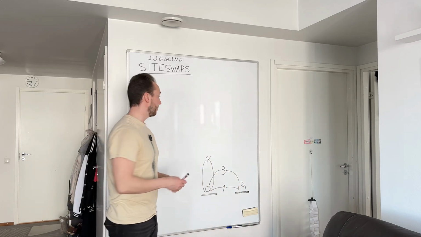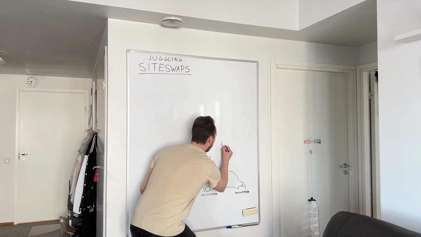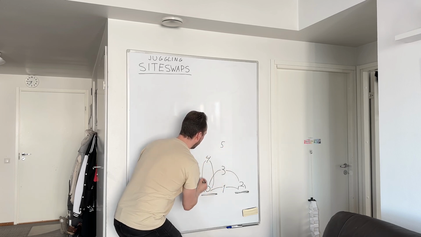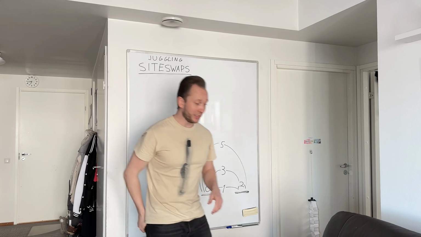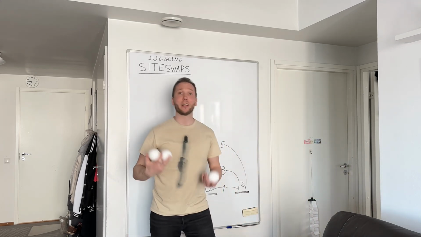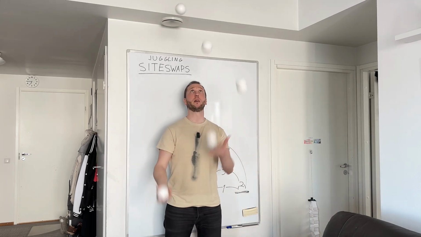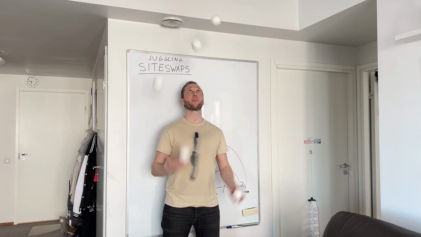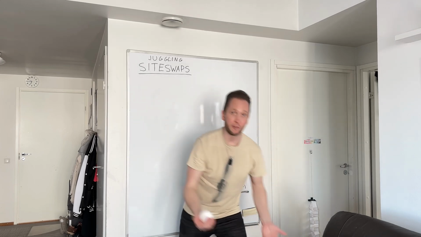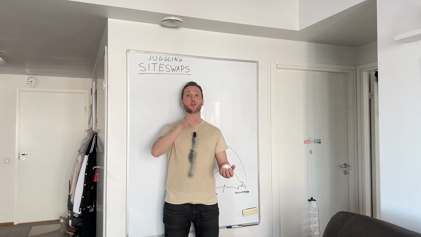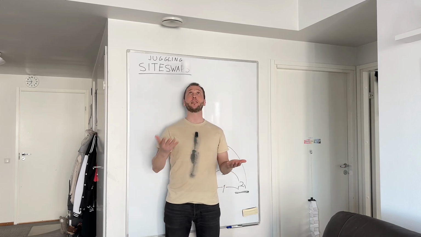After 4 comes 5. Again, 5 is higher. When we juggle a 5 ball cascade, the basic 5 object pattern is this. So these are 5s. 5 is a cross, it goes from one hand to another, and it's higher.